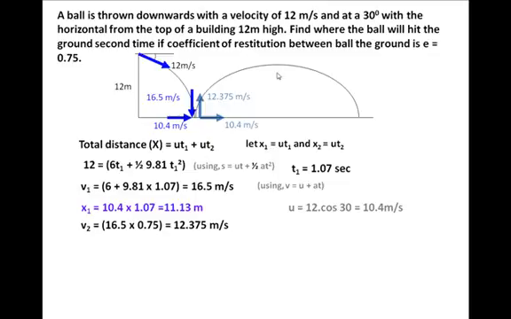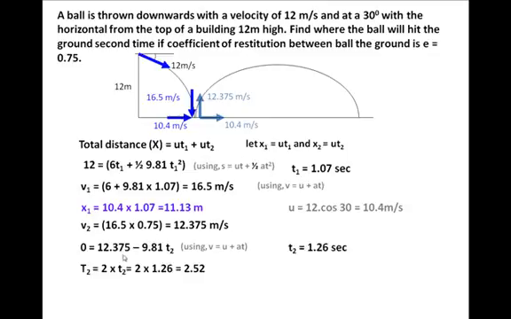Now you have enough information to work out t2. There are a number of ways of doing it. We have chosen this. We find this t2, the time required to reach the maximum height, by v is equal to u plus at, and then twice of that will be the total time of flight.